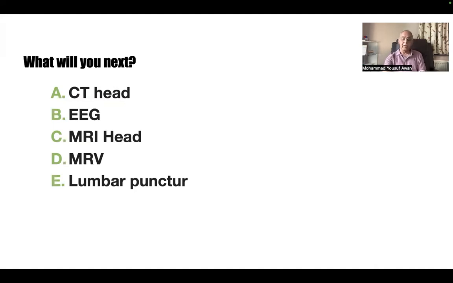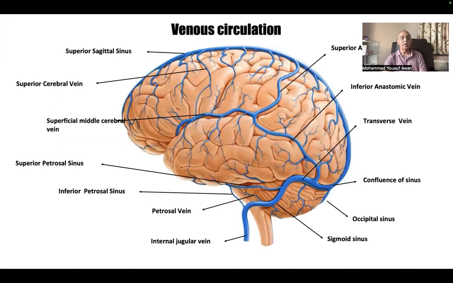So what will we do next? The CT head, EEG, MRI head, MRV, lumbar puncture. So it is MRV, and I'll just briefly go through the venous circulation. There are different veins which are draining blood from different parts of the brain.